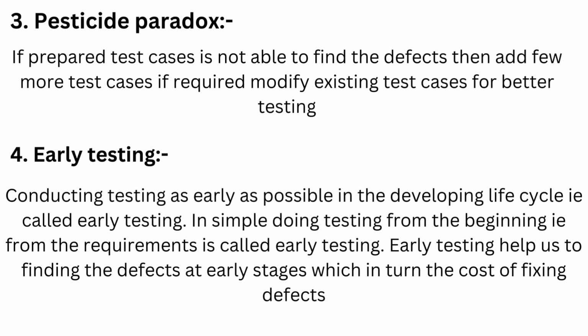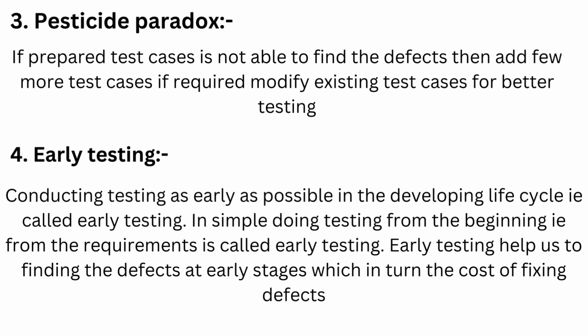Next one, early testing. Conducting testing as early as possible in the development life cycle is called early testing. It means testing from the beginning, that is from the requirements. Early testing helps us find defects at early stages, which in turn reduces the cost of fixing defects.